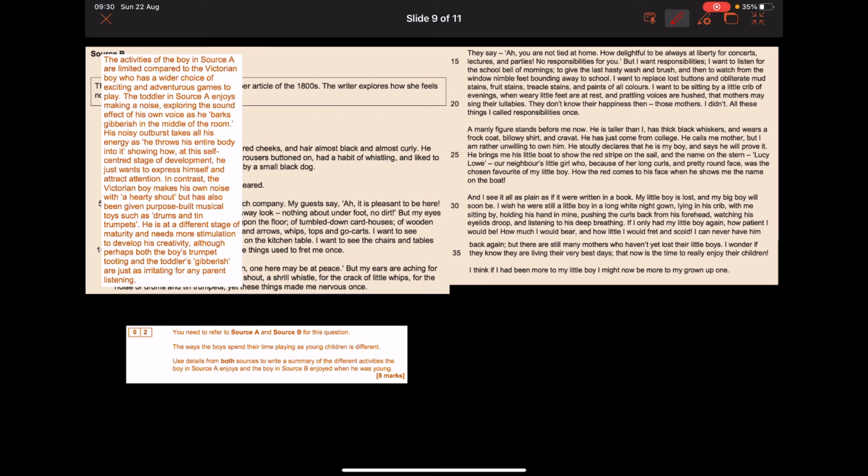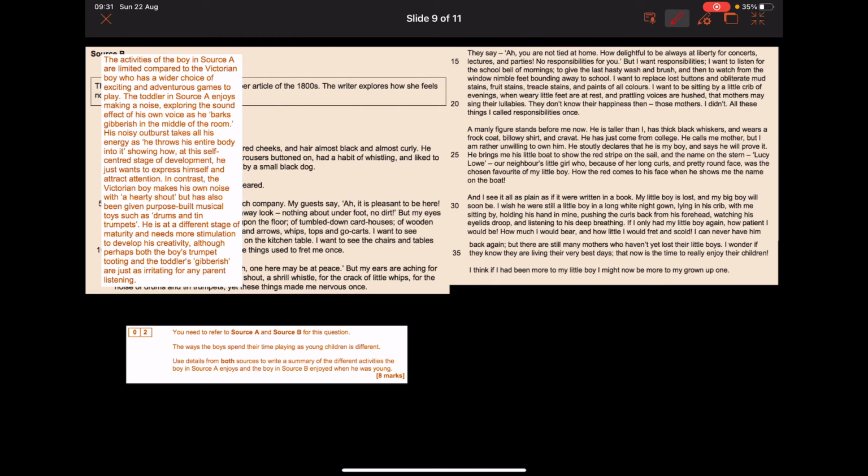Here is a level 4 answer. The activities of the boy in source A are limited compared to the Victorian boy, who has a wider choice of exciting and adventurous games to play. The toddler in source A enjoys making a noise, exploring the sound effect of his own voice as he barks gibberish in the middle of the room. His noisy outburst takes all his energy as he throws his entire body into it, showing how, at this self-centered stage of development, he just wants to express himself and attract attention.